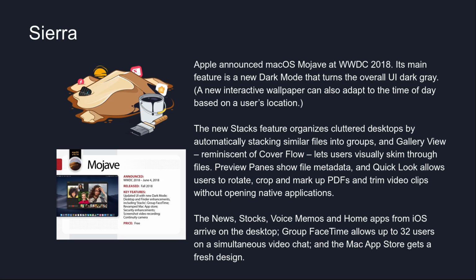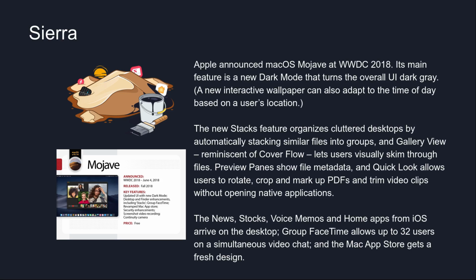Group FaceTime allowed up to 32 users on a simultaneous video chat, and the Mac App Store got a fresh redesign. Security enhances via Safari's intelligent tracking prevention, which blocks user tracking without permission. The screenshot tool contains new on-screen controls to mark up images and allow users to record video.